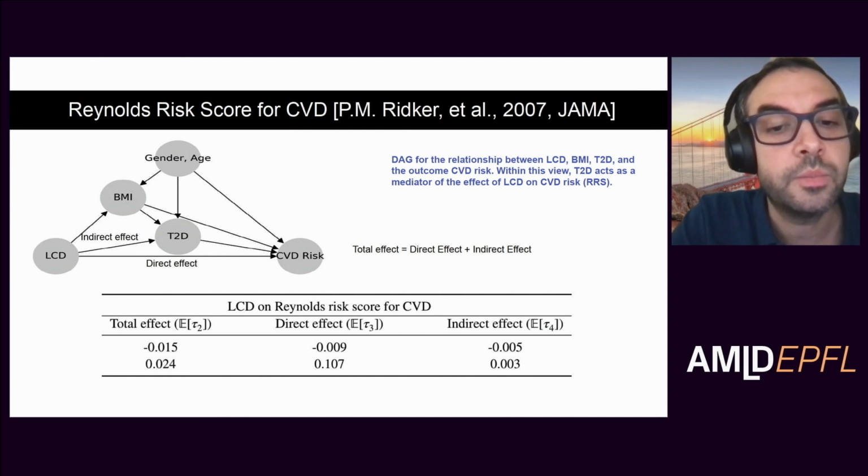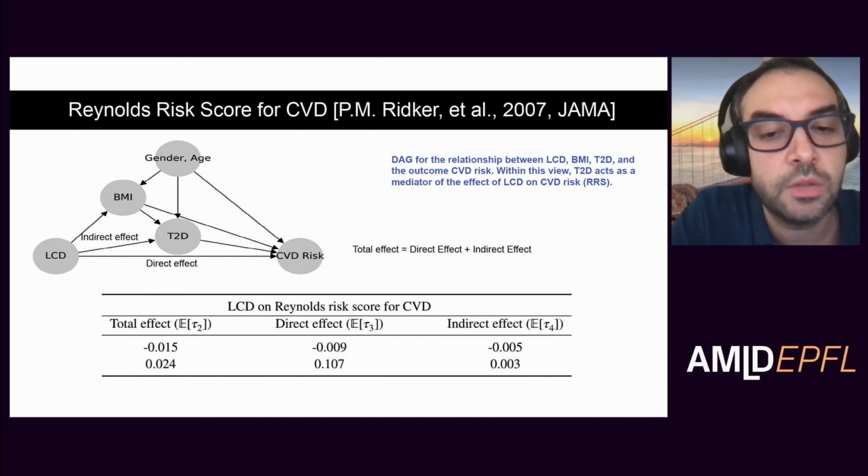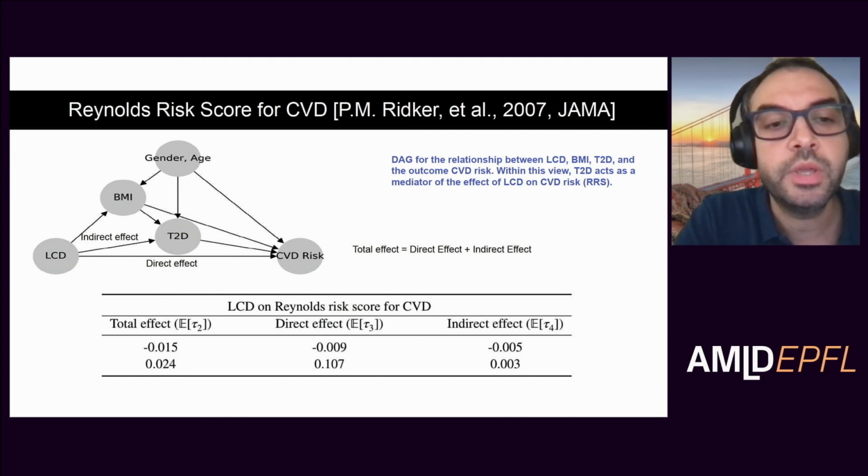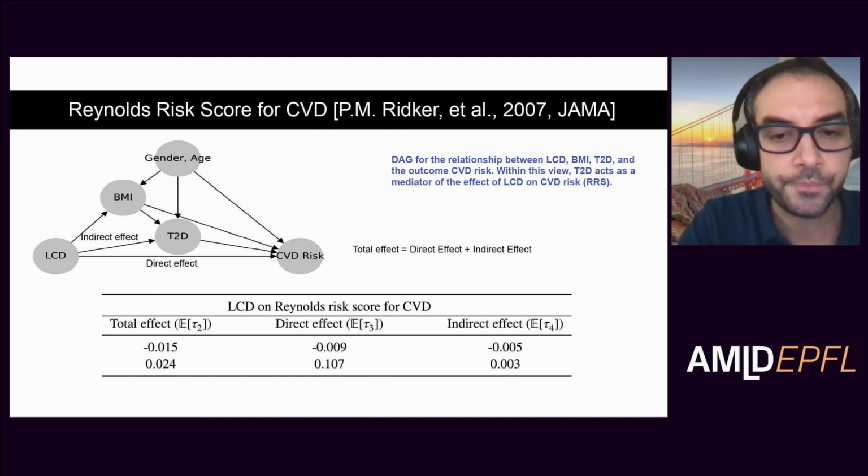We also find that the p-value in this case is in the significance range. So from this data, at least, we find that LCD decreases the risk of cardiovascular disease.